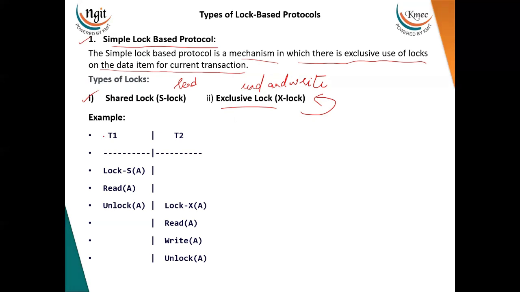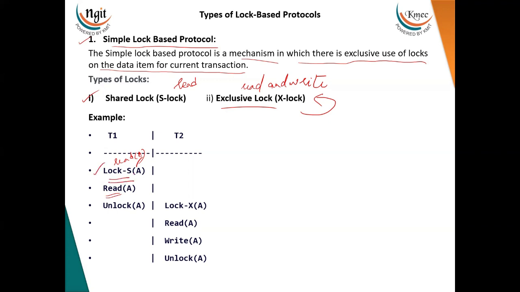Let us see an example for a better understanding of shared and exclusive locks. Here we have two transactions, T1 and T2, and T1 is acquiring a shared log on which data item? On A, which means it wants to perform a read operation on data item A. Before it does the read operation, it is necessary for transaction T1 to acquire the shared log.